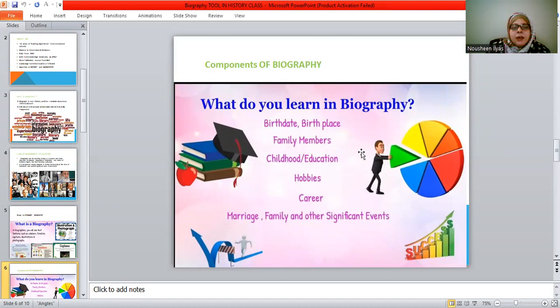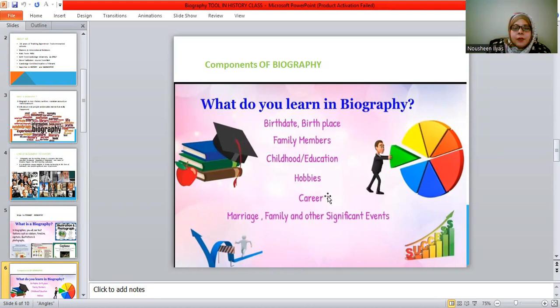So I didn't use the lecture method. I just handed over the document and wrote these points on the whiteboard. And everyone came with a different document.